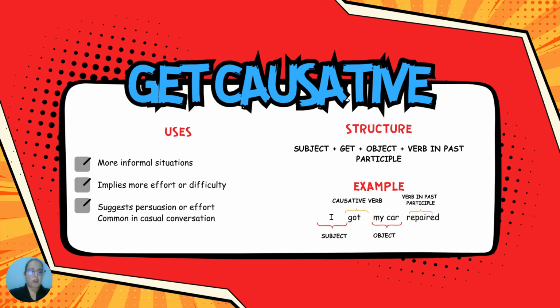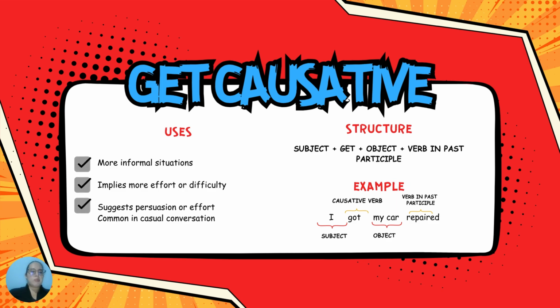Some of the uses of get as a causative verb are when we need to talk in a more informal way, when we need to imply more effort or difficulty in an action that we need to do, or when it suggests persuasion or effort.